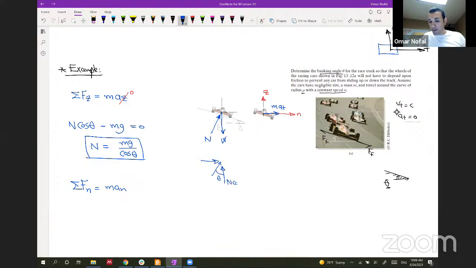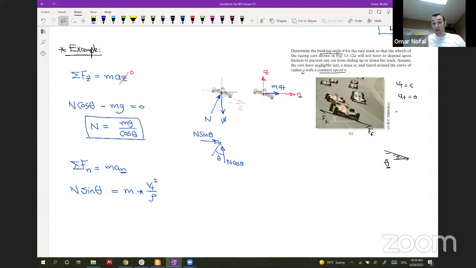So this is n cosine theta, and this is n sine theta, and this is the one in the normal direction. So we have n sine theta, and we don't have any other forces, so this will be equal to m multiplied by v tangent square over rho, the radius of curvature of the curve.